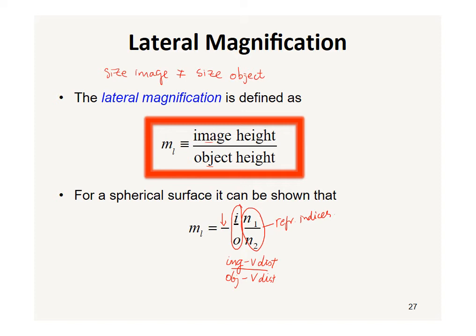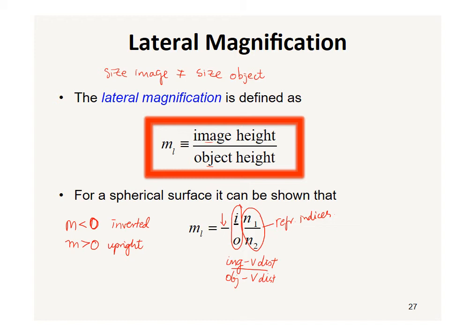What is that minus sign here? Well, when magnification is less than 0, it means that your image is inverted with respect to the object. When the magnification is positive, so greater than 0, then it's upright, the same way up as the object.